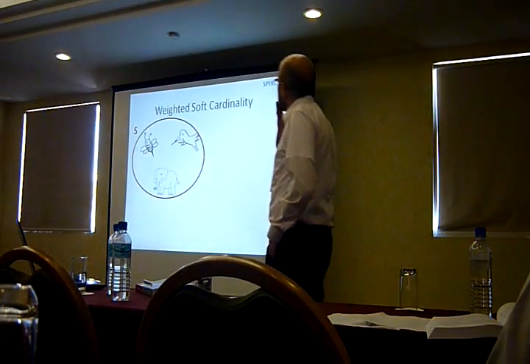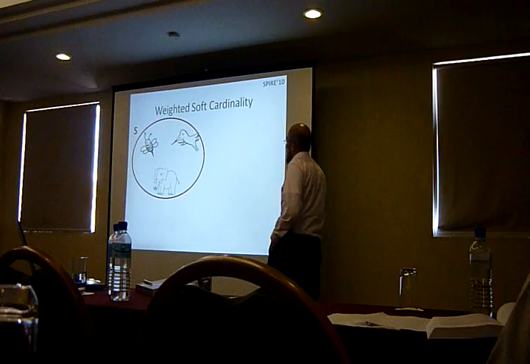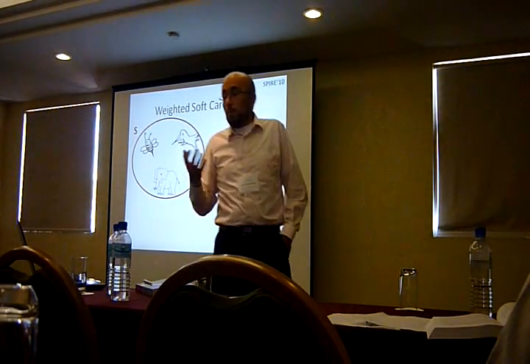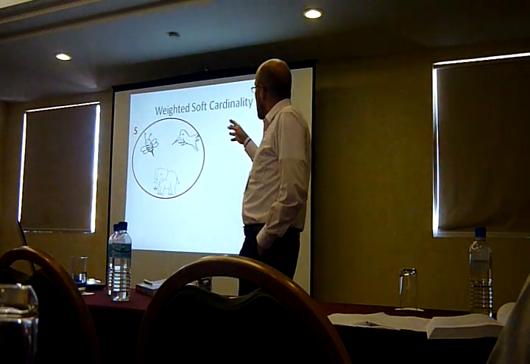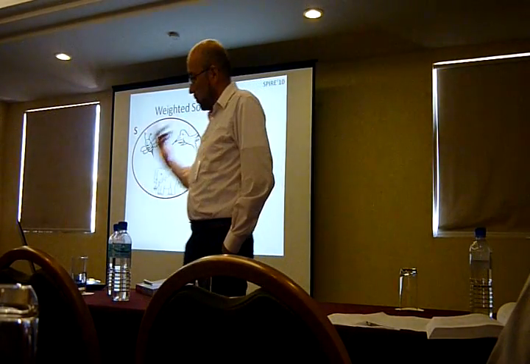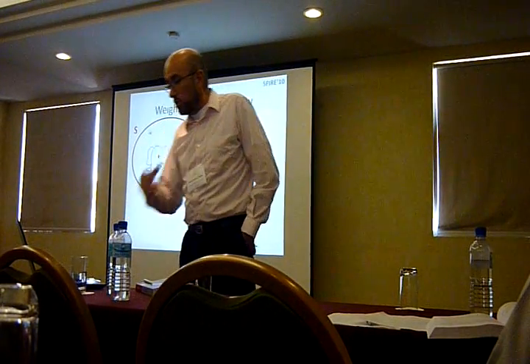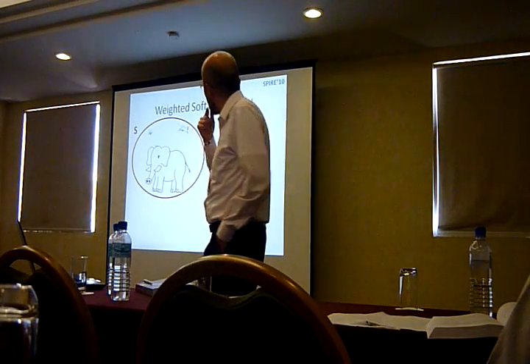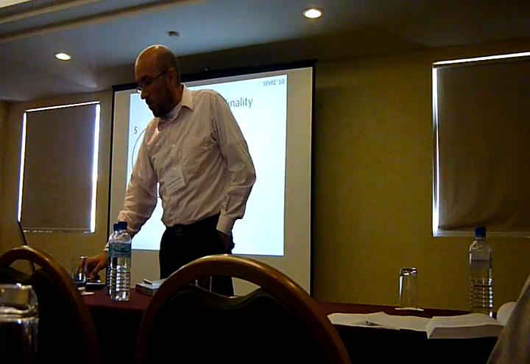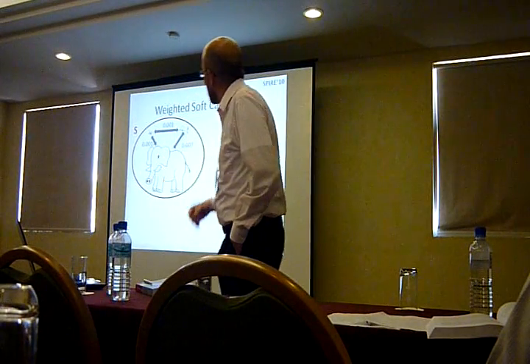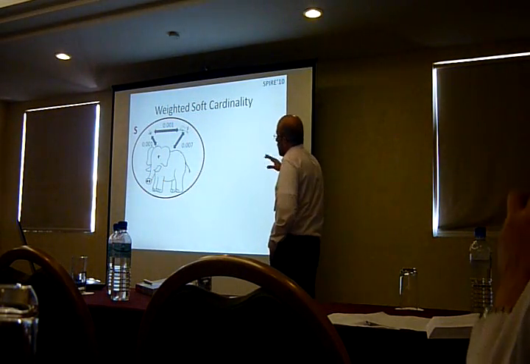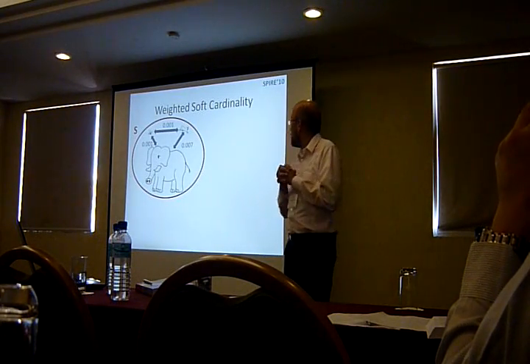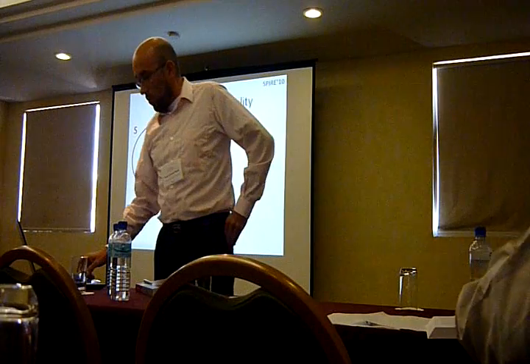So let's consider this scenario. We have an elephant, a bird, and a bee. From the point of view of sets, each element counts 1. But we know that the elephants are huge, the birds are small, and the bees are very, very, very small in comparison with the elephant. So maybe aside from the similarity between the elements, which in this case could be very small, we have to consider the weight.